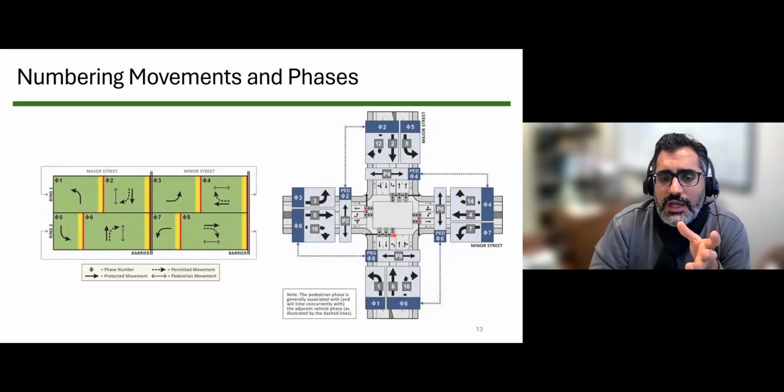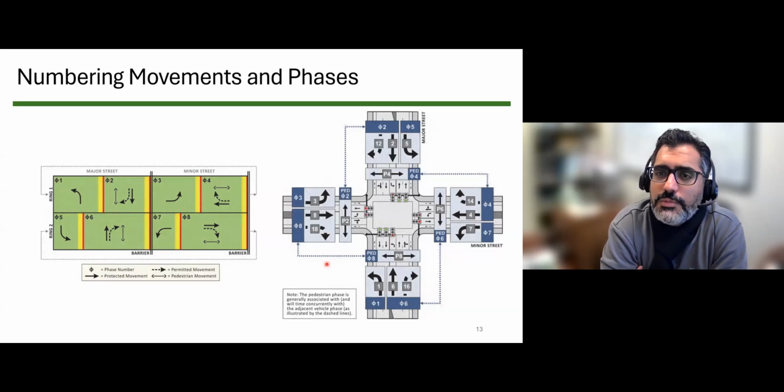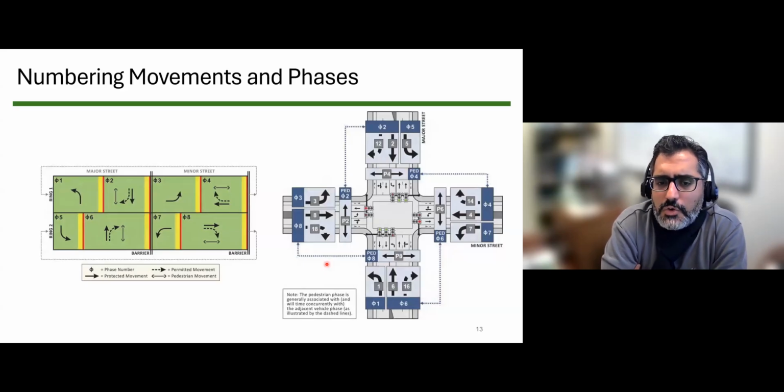We also have different notations of calling movements and numbering movements and phases. This is one of the most common ones. So we start with the major streets and we assign number 2 and number 6 to the through movements on the major streets. And then we go to 4 and 8 for the through on the minor streets.